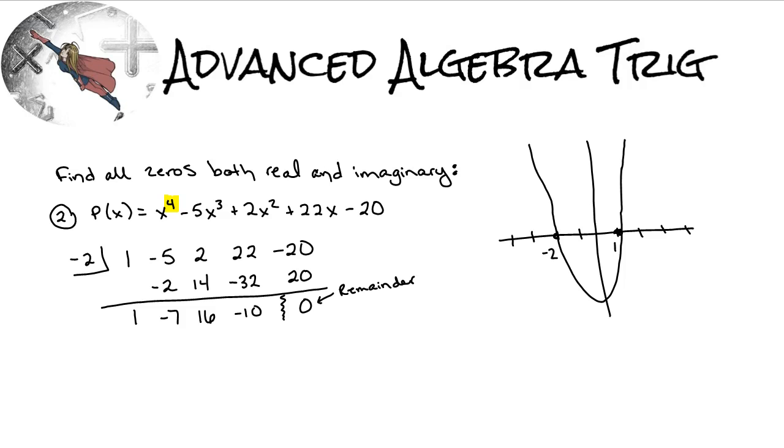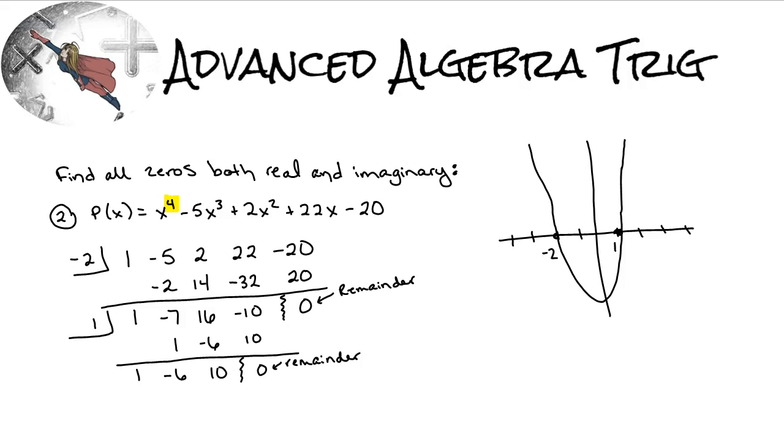So +1 was the other place on the graph where it was crossing, so now I'll do division with that. So I have 1, -6, 10, 0. And this is my remainder. So again, good. It came out to 0.